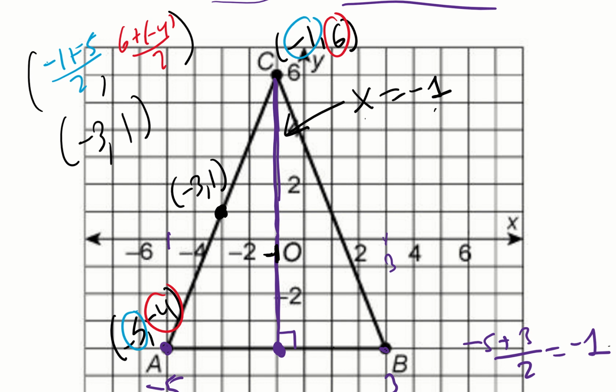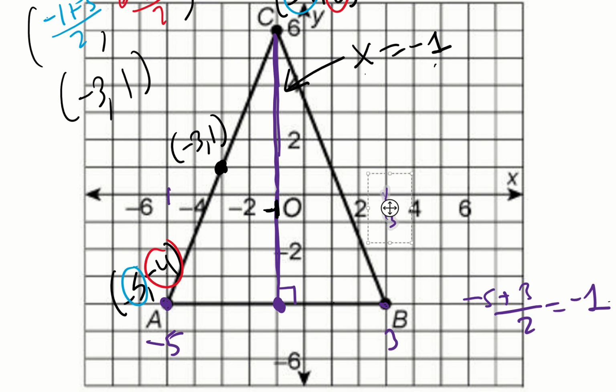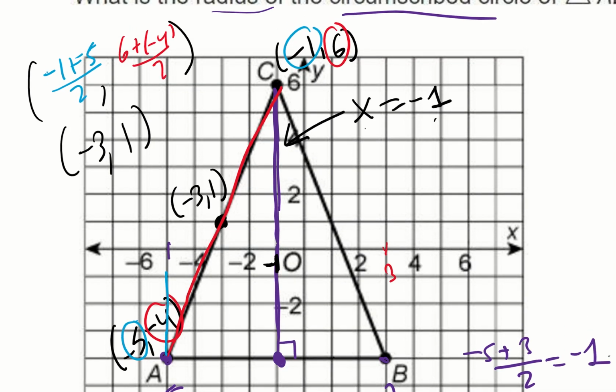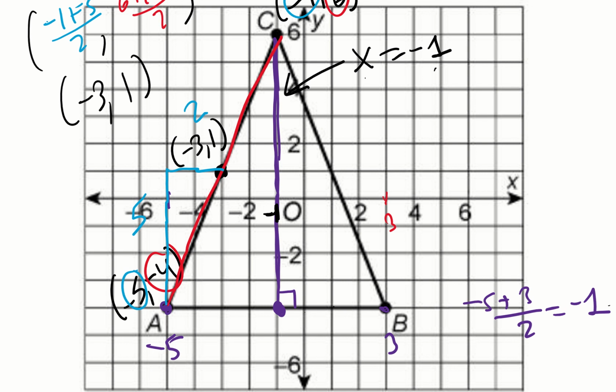Now we're going to do a perpendicular bisector. So that means we're going to draw a line at a right angle to that. Now it's kind of hard to draw a right angle just eyeballing it if it's a diagonal line like this. So what we're going to do is find the slope of this red line, and then use it to find the slope of the perpendicular line, okay? So the slope of this red line is how much does it rise, how much does it run? It rises 1, 2, 3, 4, 5, and then it runs 1, 2. So rise 5, run 2. So the slope is 5 over 2.